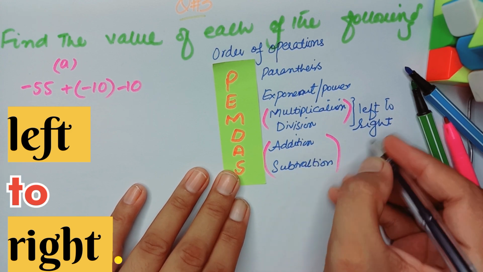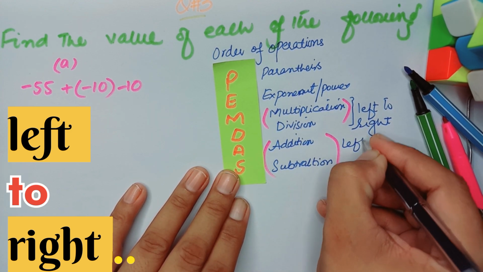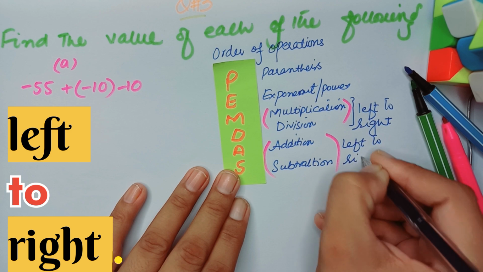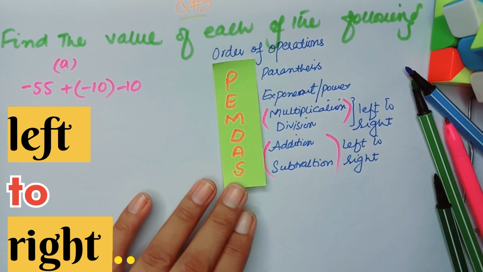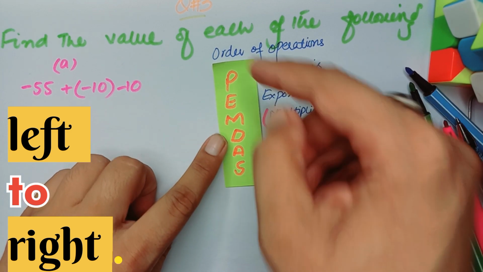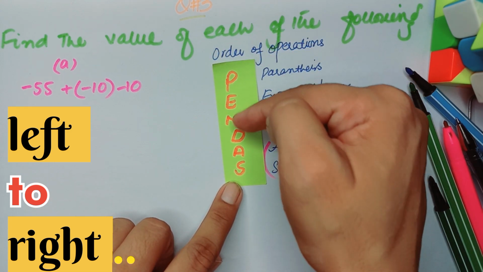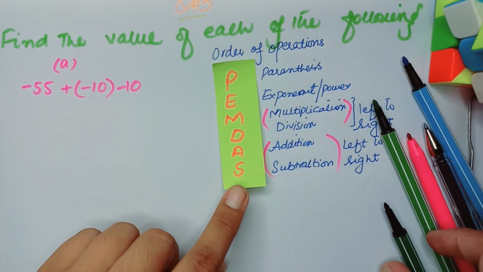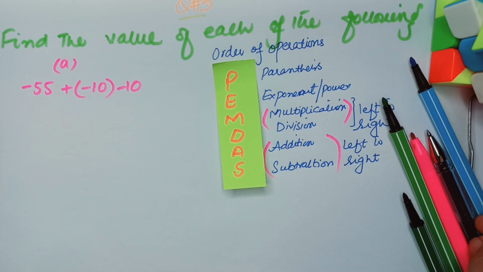Similarly, addition and subtraction, if in a pair, then left to right. So you have to remember PEMDAS for order of operations.